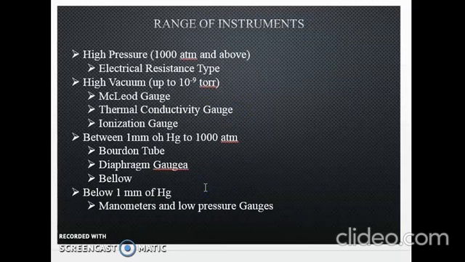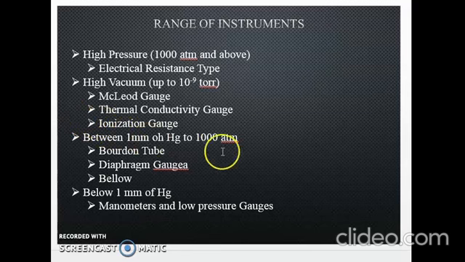The range of instruments is as shown in this particular PPT. The high pressure, usually 1000 atmosphere and above, is usually measured by electrical resistance type pressure measuring devices. On the other hand, the high vacuum, that is up to 10 raised to power minus 9 torr, can be measured by using the McLeod gauge, thermal conductivity gauge, and ionization gauge.